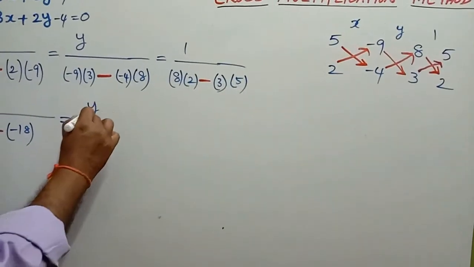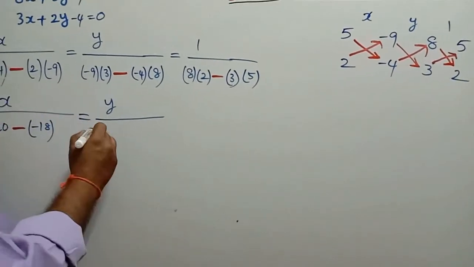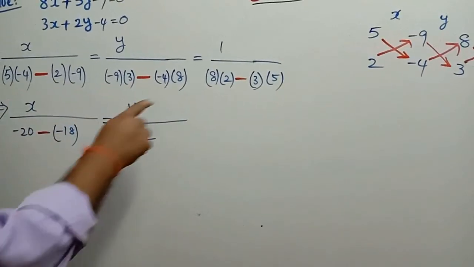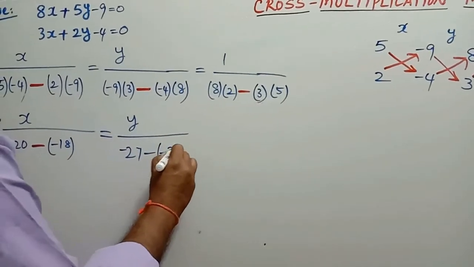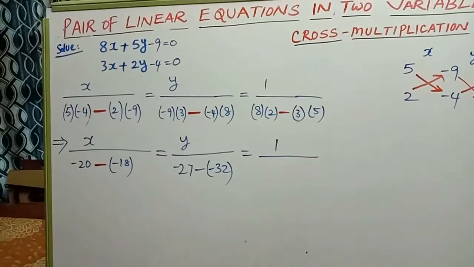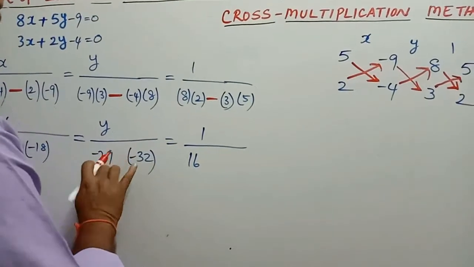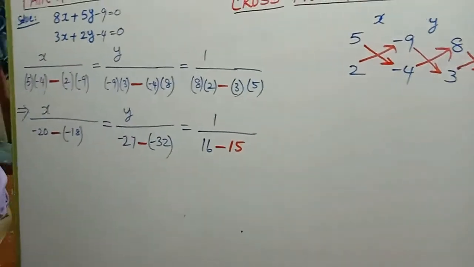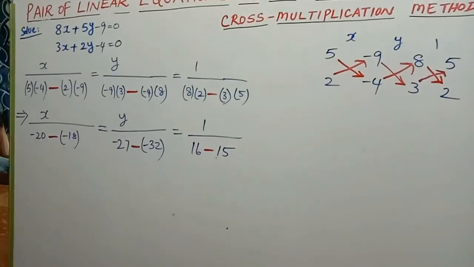That implies y by 9 threes are 27, with the minus, minus 9 into 3 is minus 27, minus 4 eights are 32, so minus 32. That implies 1 by 8 twos are 16, minus 15.